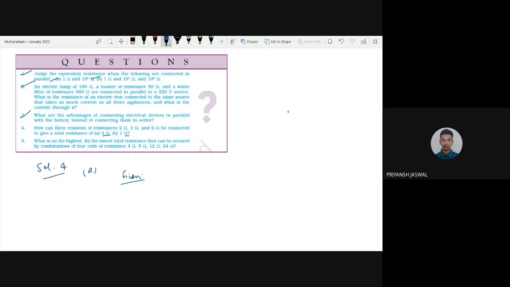So, given is resistances of 2 ohm, 3 ohm, and 6 ohm. We have to find combinations of these three resistances such that the total resistance comes out to be 4 ohm in one case, and in the other case it comes out to 1 ohm.